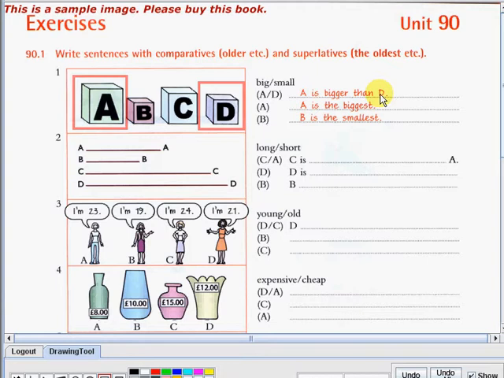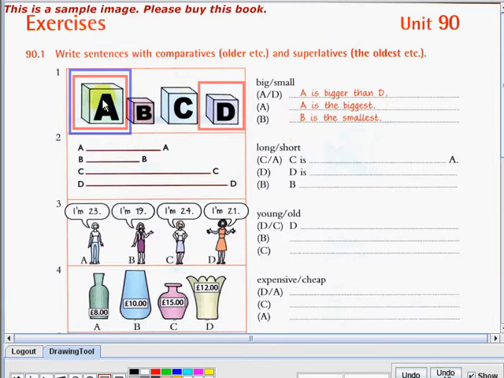Now how about the second? In the second sentence, we should make a sentence for letter A. So we can say that A is the biggest, right? By looking at the pictures.